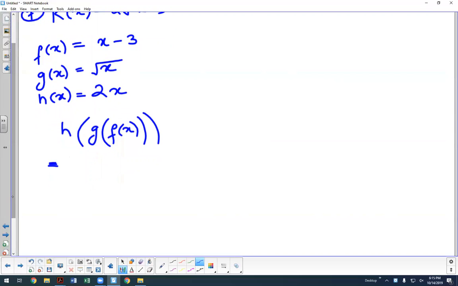So we've got h of g of f, and f we're defining as x minus 3. So remember now, x minus 3 is going to replace everything in the g function where you see an x.